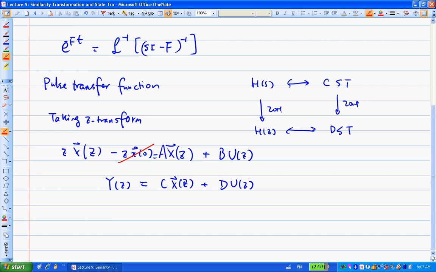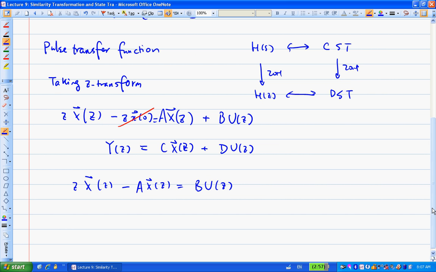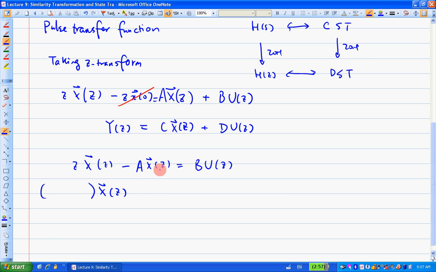So looking at the first equation, what we have is z X of z minus A X of z equal to B and U of z. This is the first equation. Taking out the common factor X of z, you have to be careful. This is not a scalar here, so order matters.